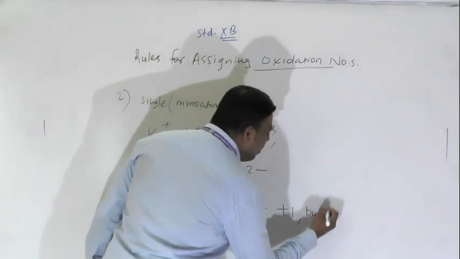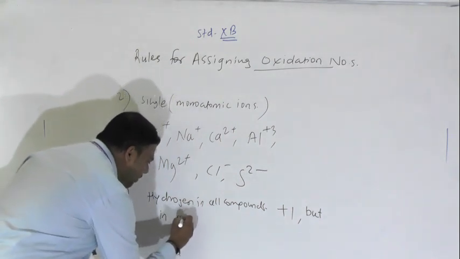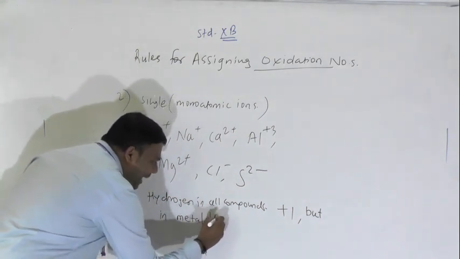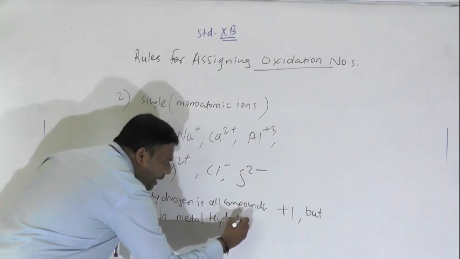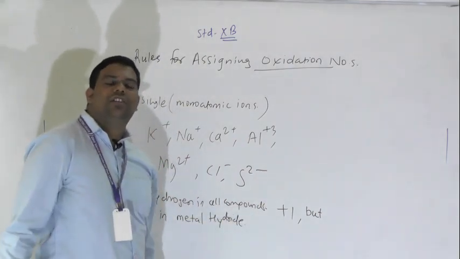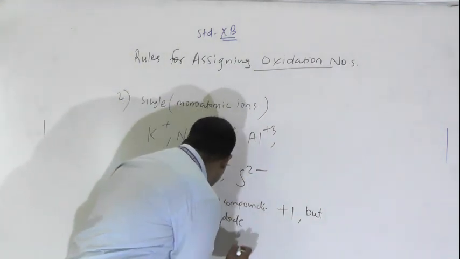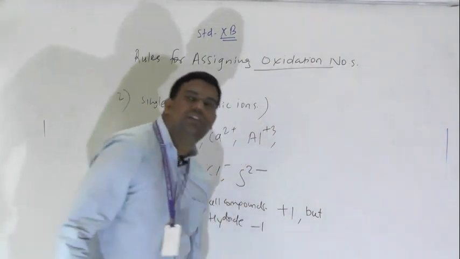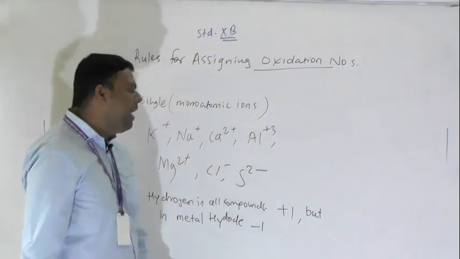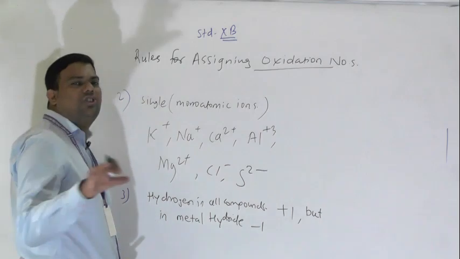But in metal hydrides, hydrogen shows a -1 charge, or we can say oxidation number -1.